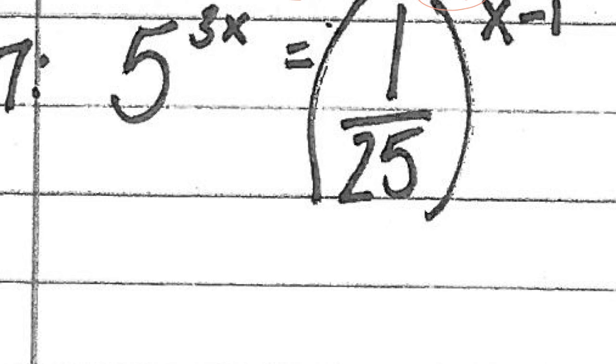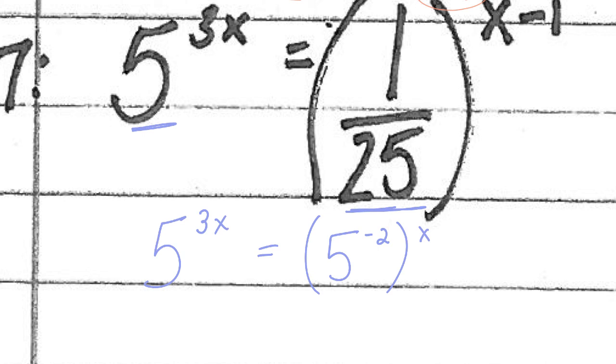All right, we're going to look at one more just so we're all on the same page. I'm making this lesson a little longer. My apologies. Well, I know if I have 5 to the 3x is equal to 1 over 25 to the x minus 1, because of the 25 and the 5, I can put these in the same base by going ahead and making it 5, because I know 1 over 25 is 5 to the negative 2.